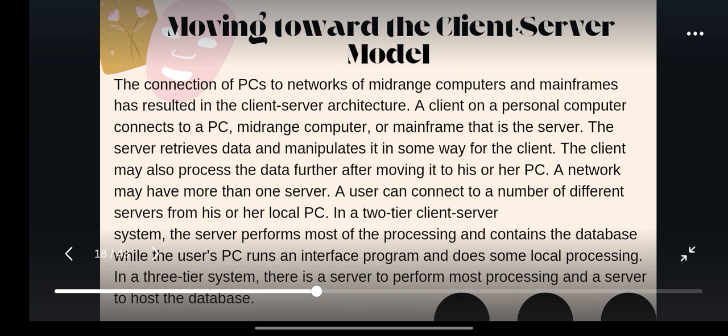So the two-tier client can run on either the PC or the mainframe, depending on where you get it from. So the three-tier is more multiple.